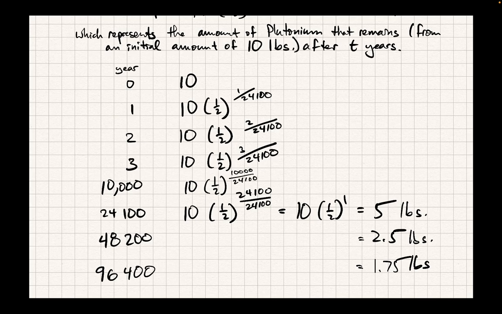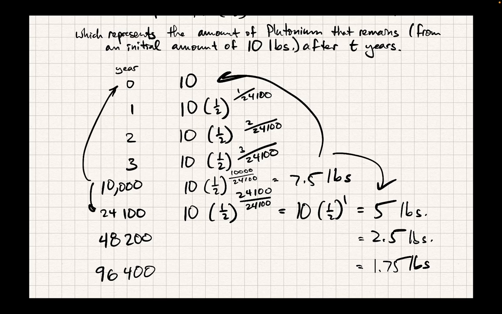Right. And that's 7.5 pounds. Does that make sense? It's less than 10 and more than 5. This is between year 0 and year 24,100. Does that make sense? Kira?